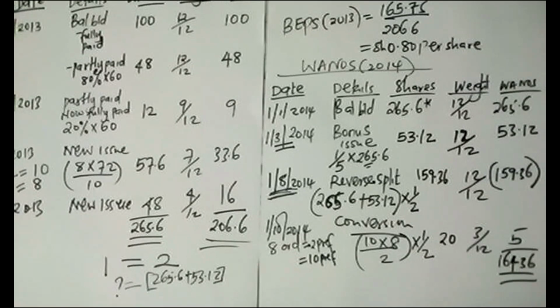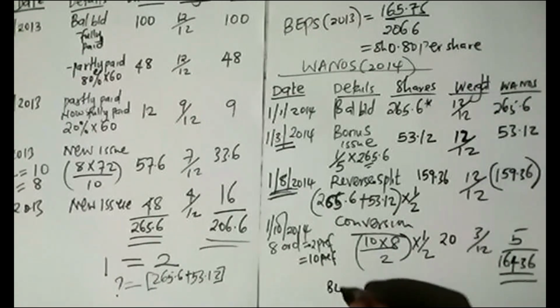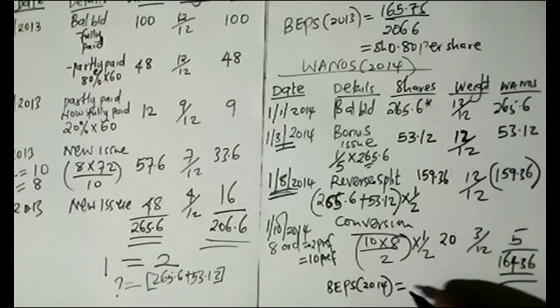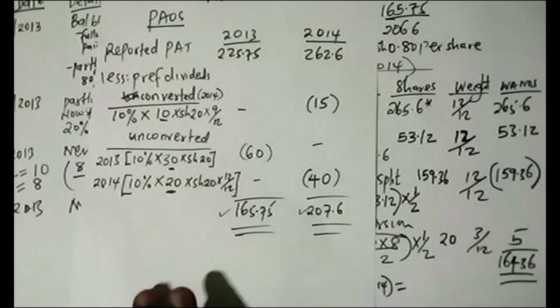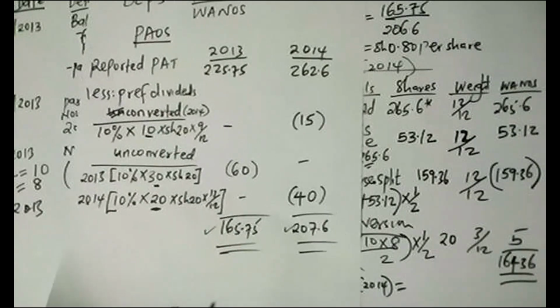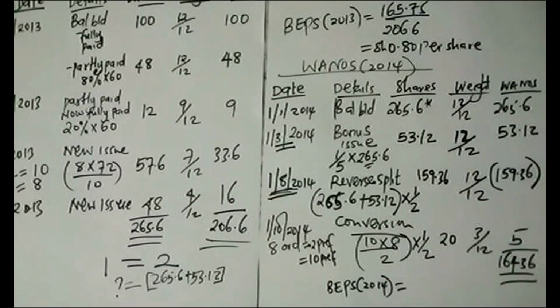So I can say that the basic earnings per share 2014 is all about the profit after tax, which we computed early enough at the start of the question, and we got 207.6.